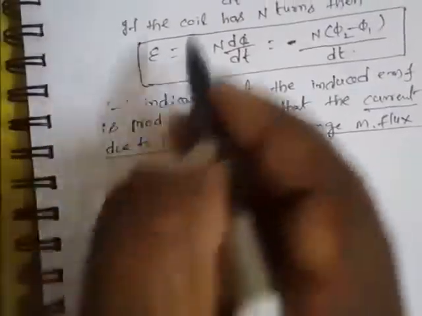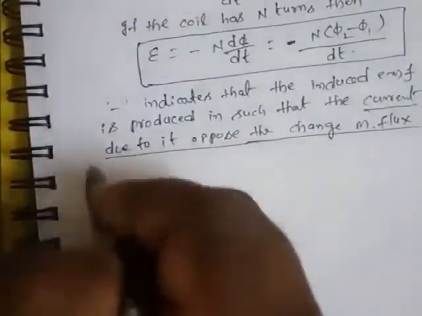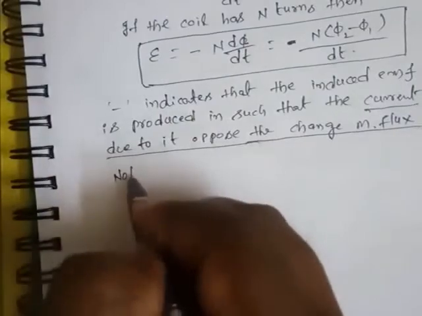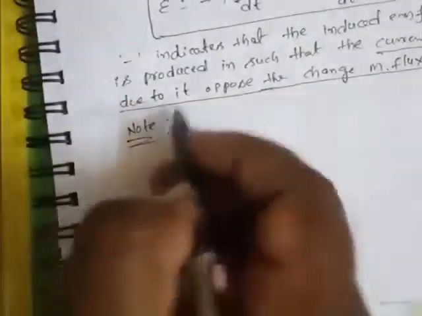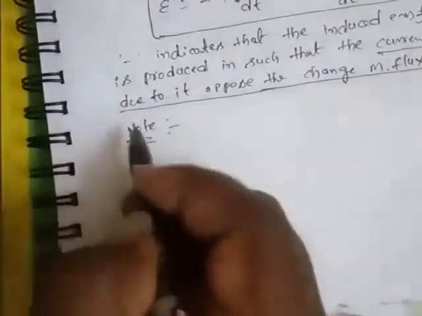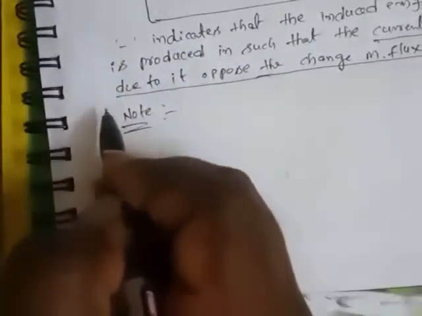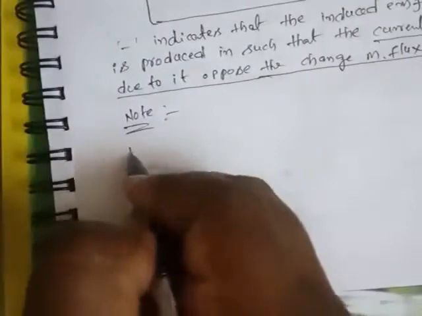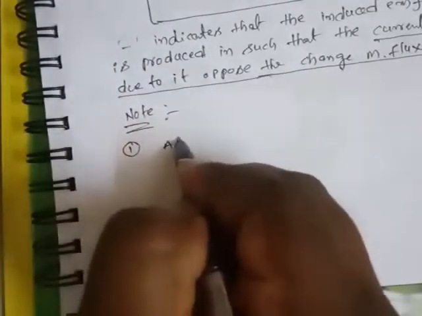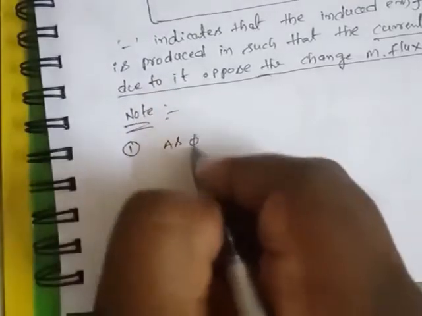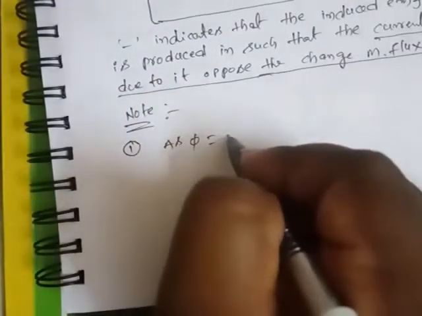Now we'll see some important points regarding induced EMF, which we can consider as notes. In the first point, as we know, phi is equal to BAN cos theta for N number of turns.